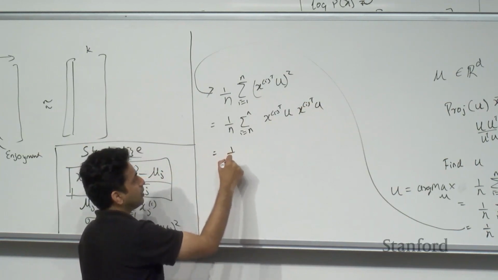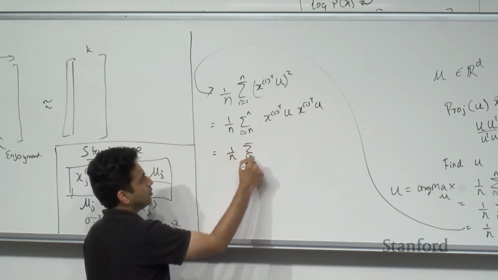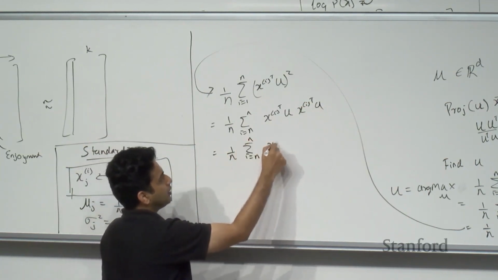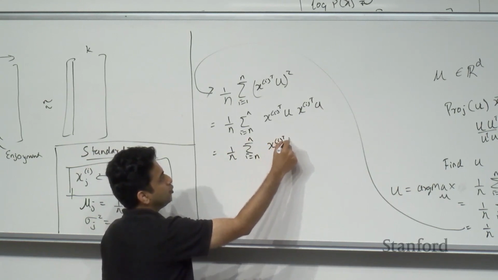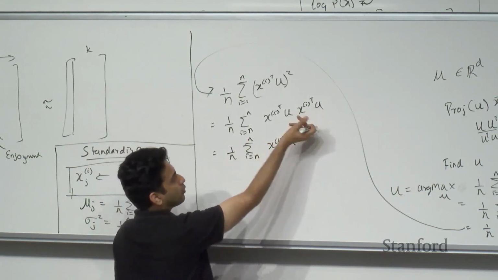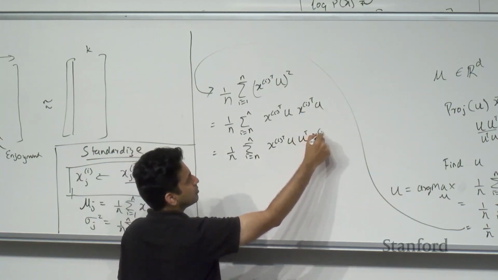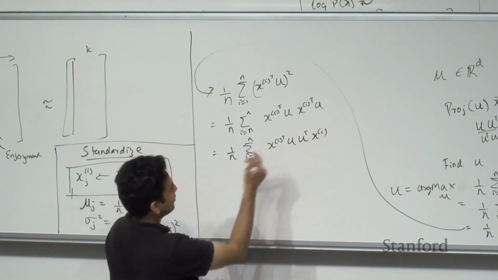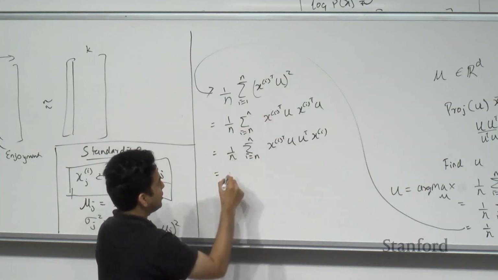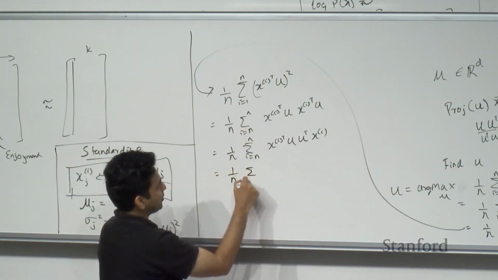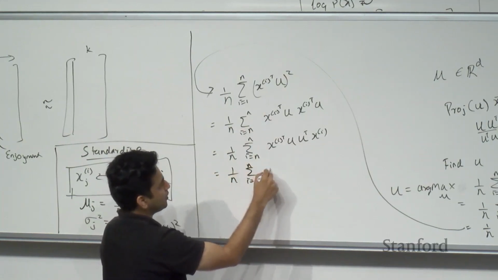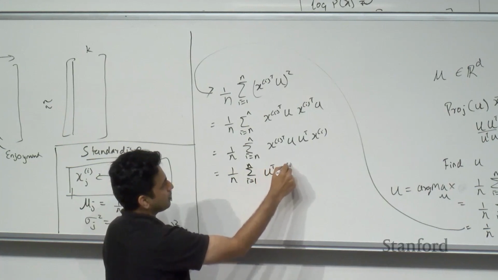We can write the dot product the other way, u transpose xi. Rather, if we had swapped this, we'd get sum i equals 1 to n of u transpose xi xi transpose u.